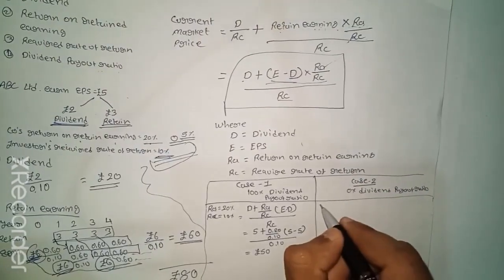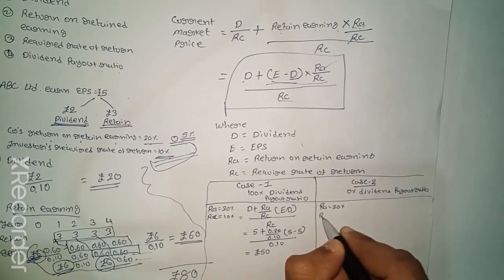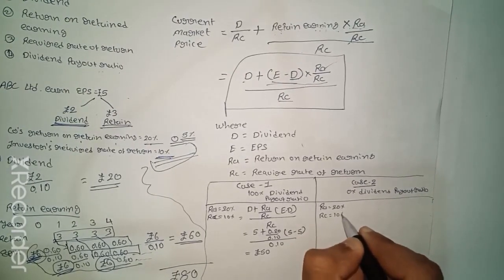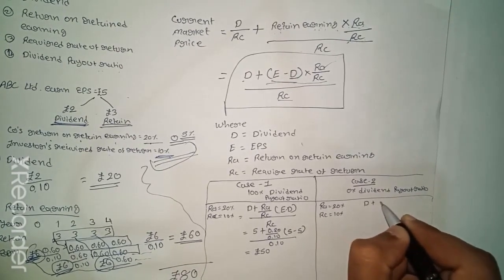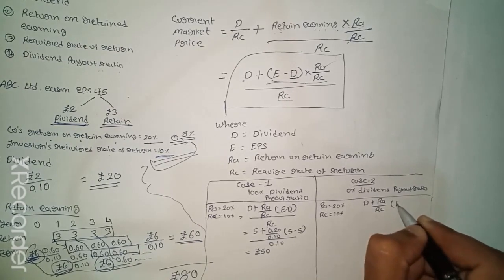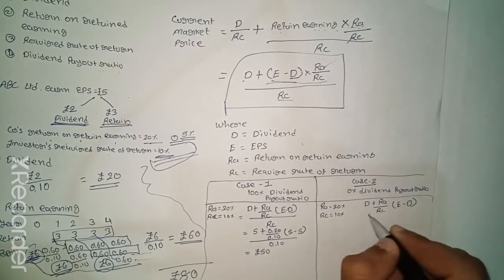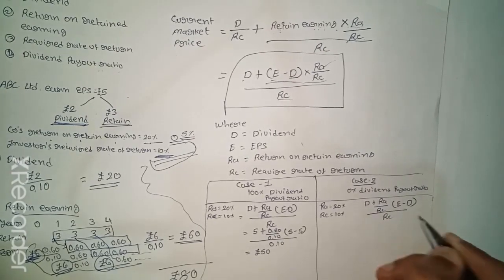Now same, RA is 20% and RC is 10%. D plus RA divided by RC into in bracket E minus D divided by RC.